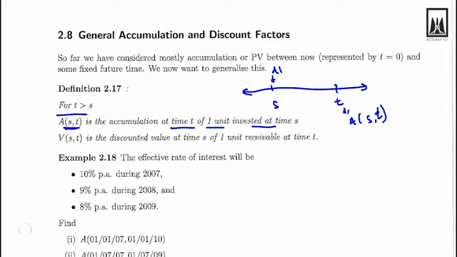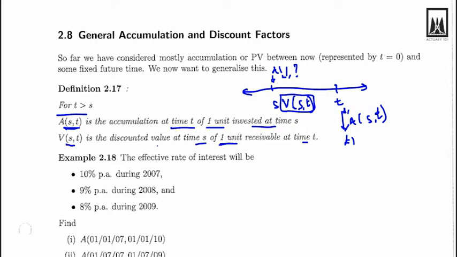Similarly, vice versa, if we want £1 at time t and we want to find out how much we should invest at time s, then the present value is going to be nothing but v(s,t). So basically it is the discount factor from time t to time s.